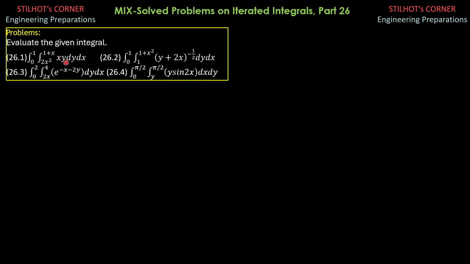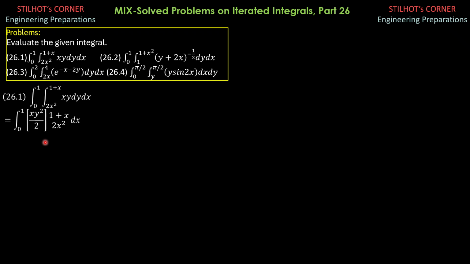That means we have to evaluate first treating y as the variable, x as constant. So that would be x y squared over 2, from 2x squared to 1 plus x, integral 0 to 1, dx.